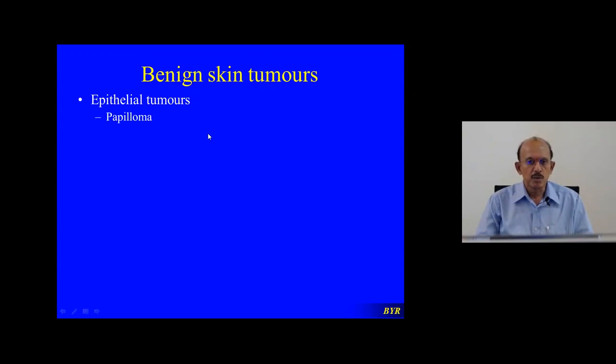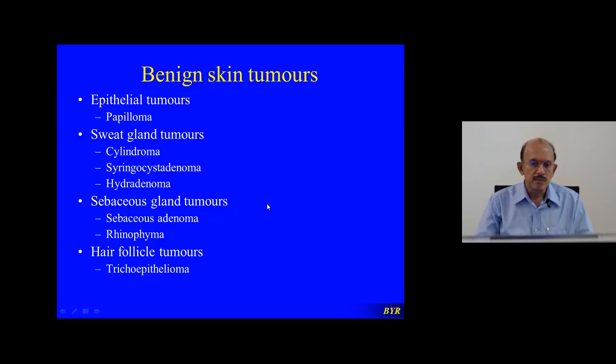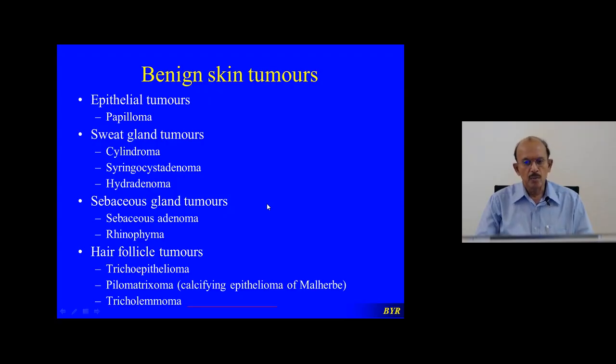So epithelial tumors, papilloma; sweat gland tumors, cylindroma, syringocystadenoma, hydradenomas; then sebaceous gland tumors, sebaceous adenoma, rhinophyma; hair follicle tumors, trichoepithelioma, pilomatrixoma, and tricholemoma. So these are the benign skin tumors.